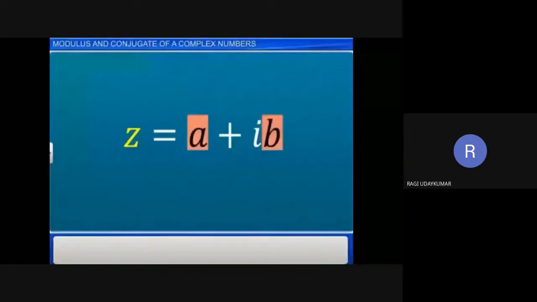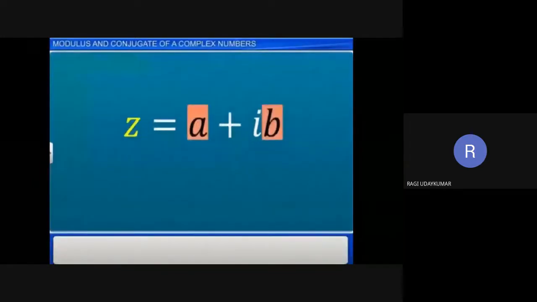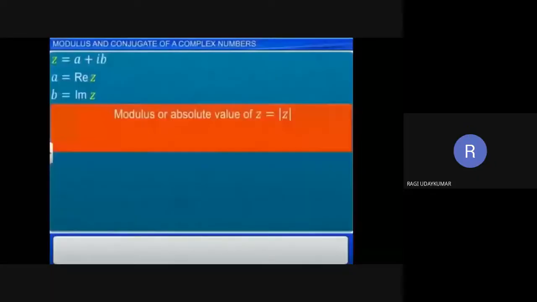A is the real part of Z here, and B is the imaginary part of Z. The modulus of this complex number is represented between two vertical lines, and it equals the square root of A square plus B square. The modulus of Z equal to A plus iB is the square root of A square plus B square.